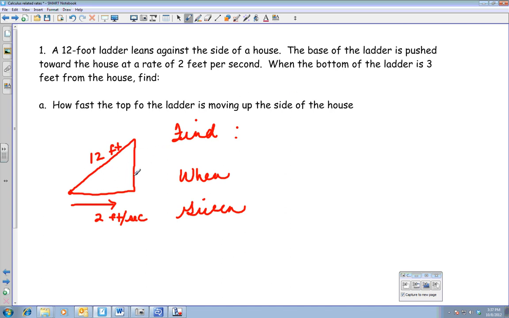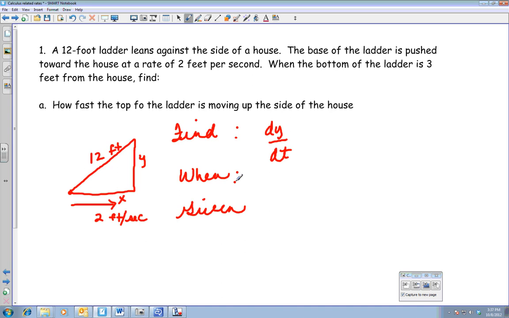I'm going to label this Y, and I'm going to label this X. Okay, so I want to find how fast Y is moving. So anytime Y is moving or it's changing, I'm going to say that that is dy dt. That's what I'm finding, the rate of change of Y.